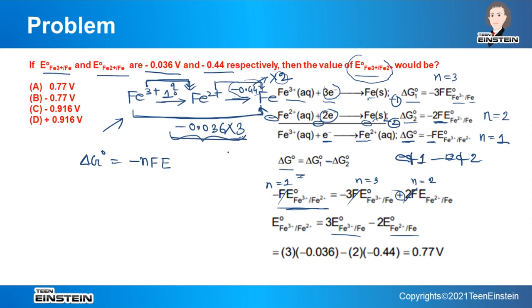So it is up to you whether you want to do the calculation directly from this diagram or by taking the help of this equation, that is delta G naught is equal to nFE naught. So finally what value are we getting? This negative will be cancelled, so it will be plus. This quantity is lesser, this quantity is larger, so that is why finally the value is positive, that is 0.77. So the correct option will be the first option.